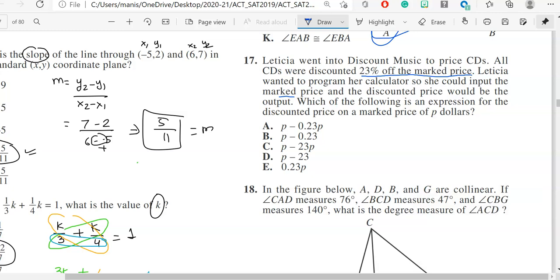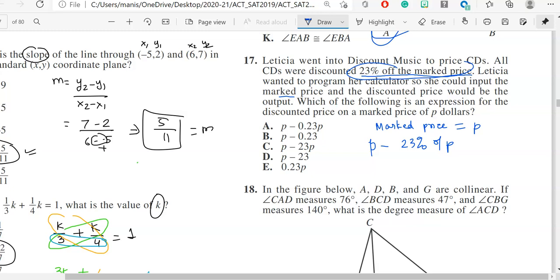Let's take an example. Let's assume the marked price is P dollars, and the CDs were discounted at 23%. So the discounted price will be the marked price minus 23% of the marked price.